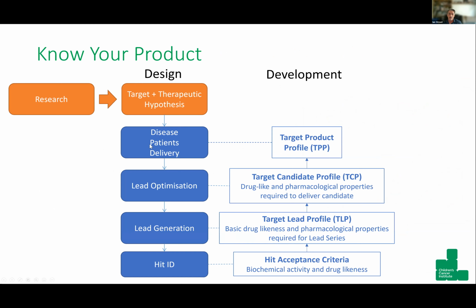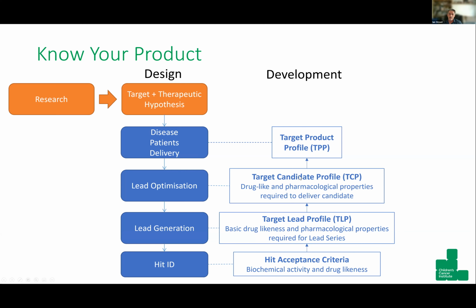What patient populations are likely to benefit? And how are we going to deliver this drug in the clinic? And from that, you put together what we call a target product profile. And this is essentially, on that happy day when you might get regulatory approval for this drug and launch it into use in the clinic, the label that goes on the package.